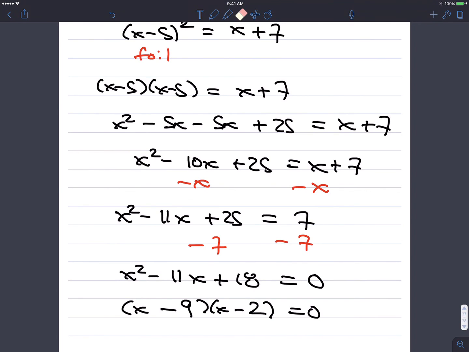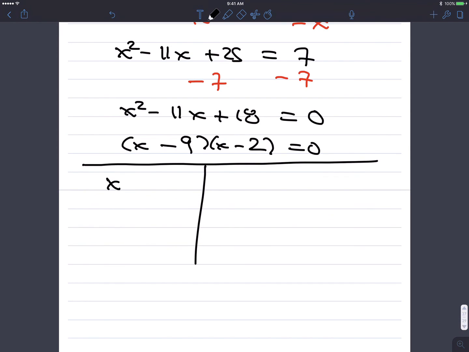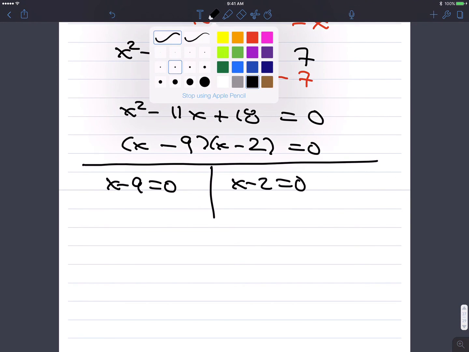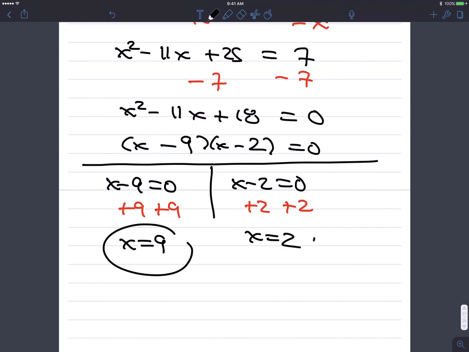Minus 9, minus 2. X minus 9 is 0. X minus 2 is 0. Here's what you're going to do. Add 9. Add 2. X is 9. X is 2.